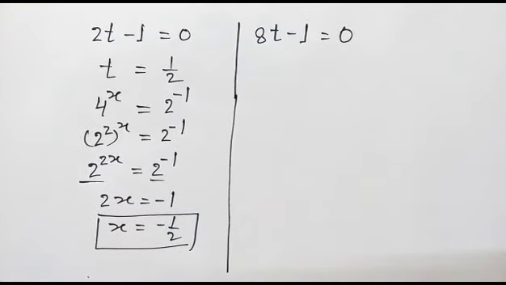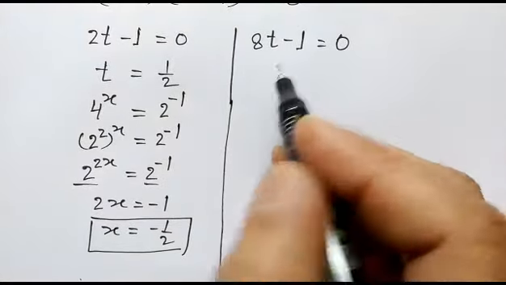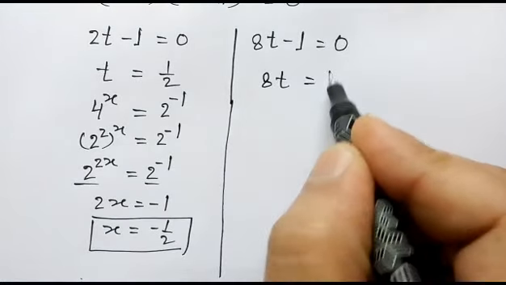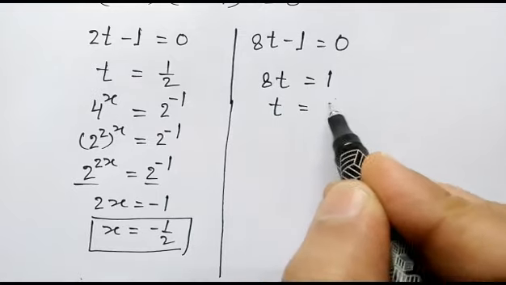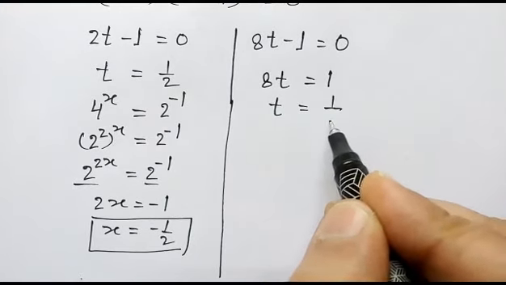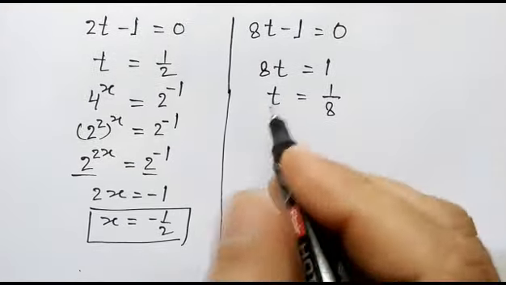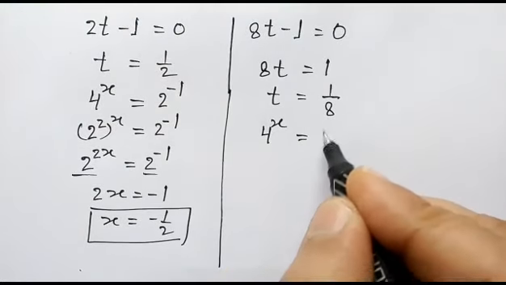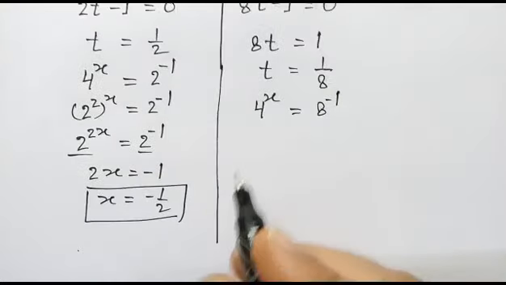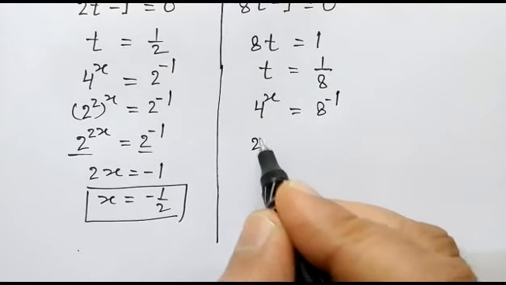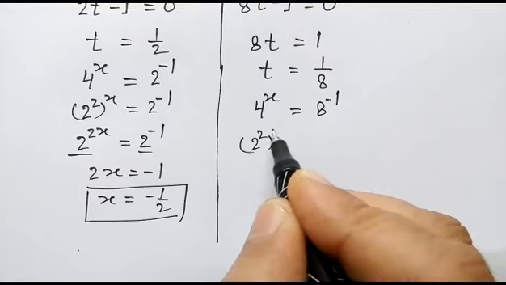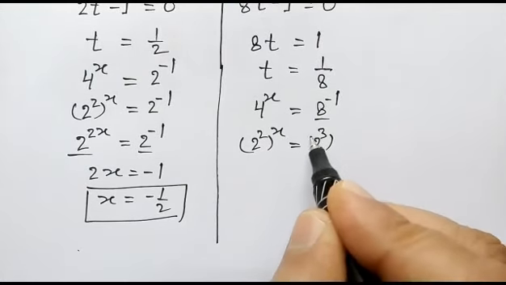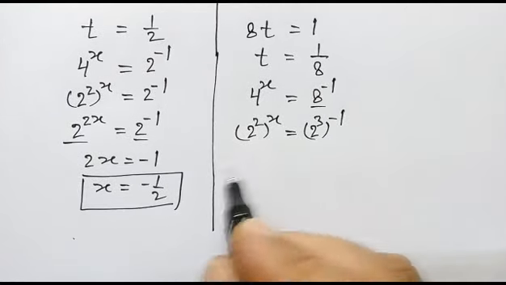If we go with this, 8t is equal to 1, or t is equal to 1 by 8, right? T, as we have assumed, 4^x is equal to 8 to the power minus 1, right? So 4 as 2 squared to the power x is equal to 8, which can be written as 2 cubed to the power minus 1, right?